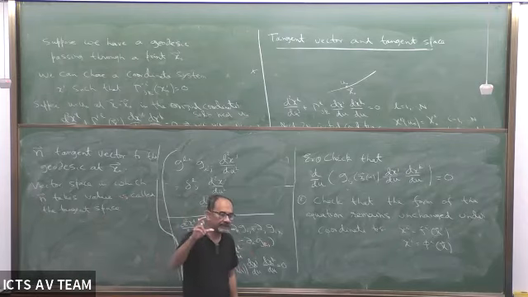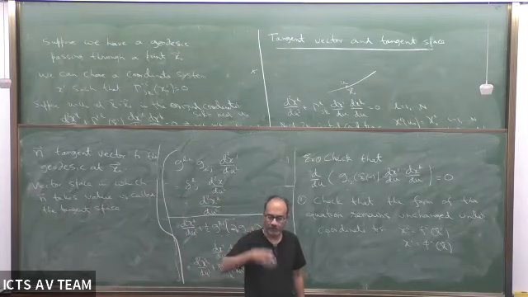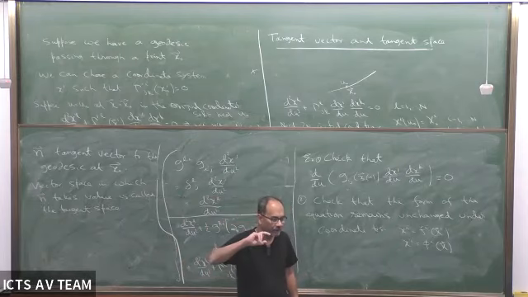Given a vector in the tangent space gives a geodesic through x naught, and vice versa. Given a geodesic through x naught describes a vector in the tangent space, up to this overall scaling by the lambda.